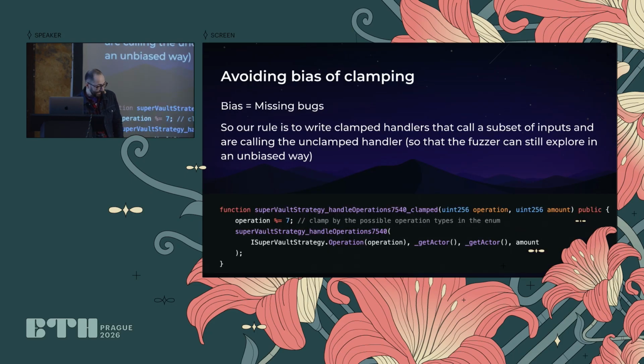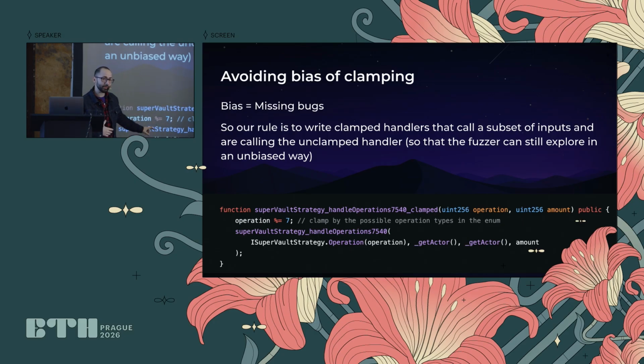not to use it. And so clamping introduces bias because obviously as you hard code things, you're no longer testing everything, you're only testing a subset. But the technique that we use is what we call creating effectively a subset, where the clamped handler, which is basically just a function that will call another function in our target, is forced to use the unclamped handler.